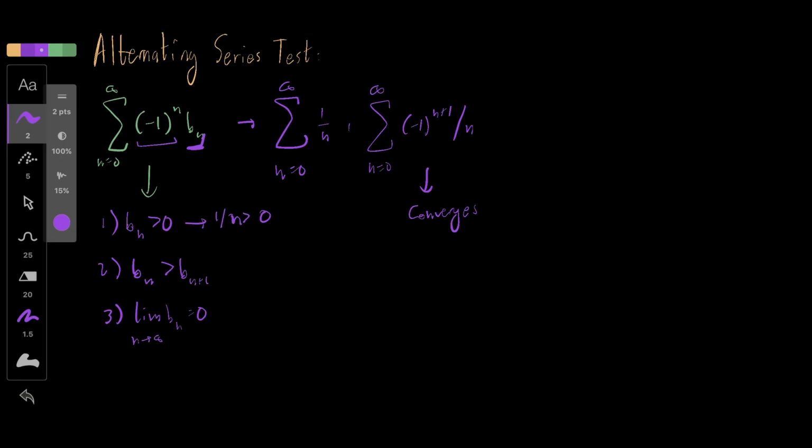Next, every term is less than the last, so 1 by 2 is greater than 1 by 3, which is greater than 1 by 4, and so on. And 1 by infinity, which is the limit, is 0. So all of these conditions are met, so the alternating harmonic series converges, but the regular one doesn't.